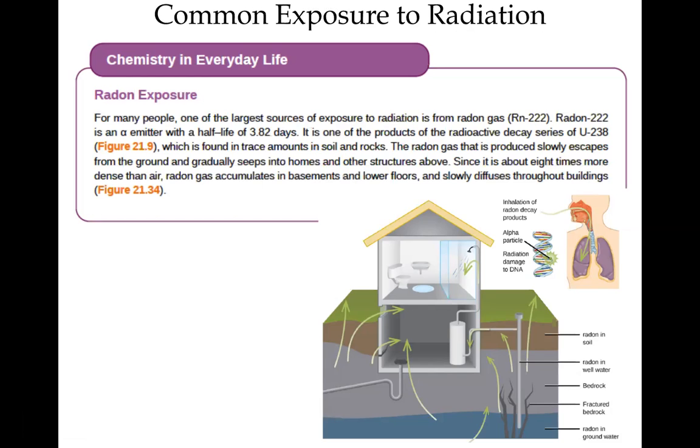emits alpha particles, which we talked about last time. It has a half-life of 3.82 days, and it's in this decay series, which we'll talk about next time. A decay series is just the stepwise process that a radioactive isotope will go through to reach a stable form.